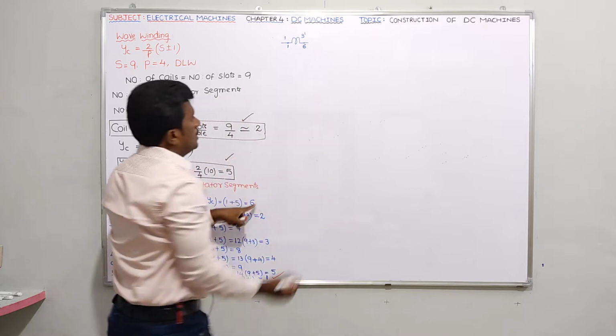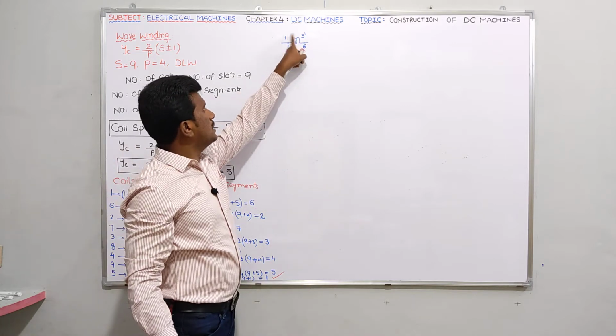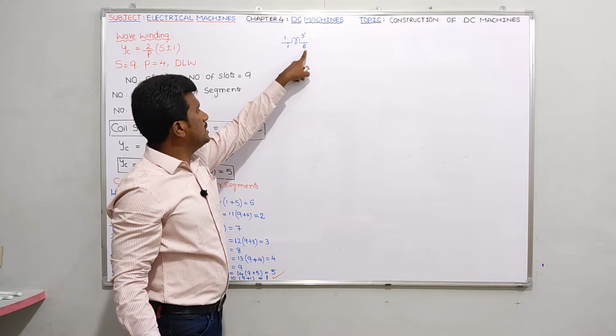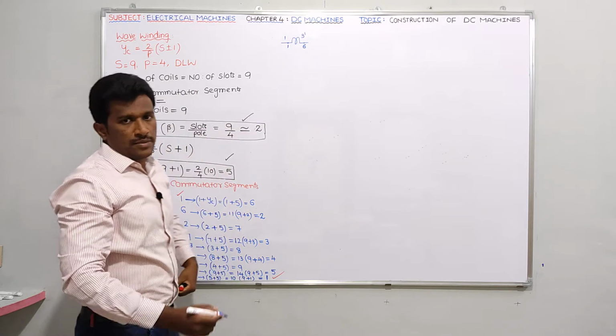So please try to see this top indication, nothing but 1 3 dash, the coil name. This 1 6 is the indication of segment names.